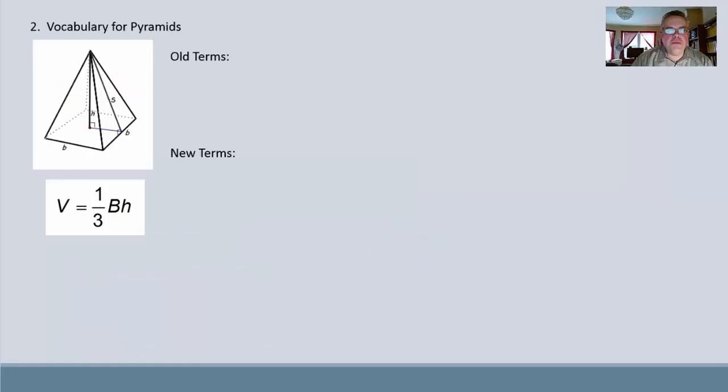So we've talked about volumes of pyramids before, but this one involves a little bit more. So first I want to go over some terminology we need. First, the old terms we already know. In the volume formula, there's a capital B. Capital B is the area of the base.